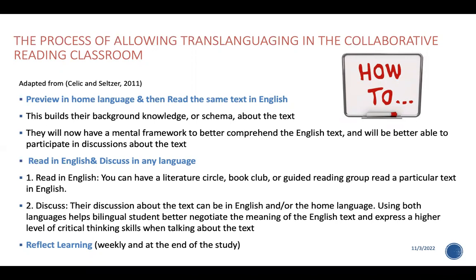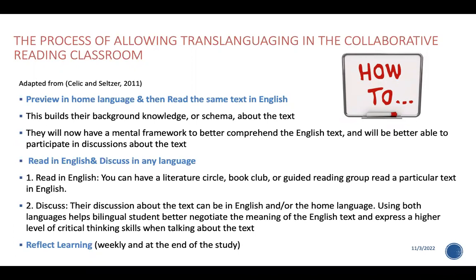And another methodology is to read in English and discuss in any language. So the text was in English, but they were able to discuss in any language. This was conducted in their collaborative groups. The other thing that I used as well is to reflect on the learning.